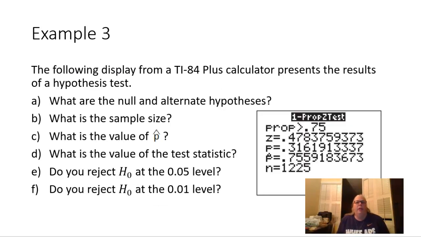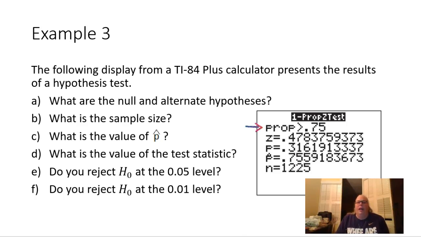Example 3. The following display from a TI-84 Plus calculator presents the results of a hypothesis test. Our display is right over here. What are the null and alternate hypotheses? Just like with the Minitab, our hypotheses can be found here.